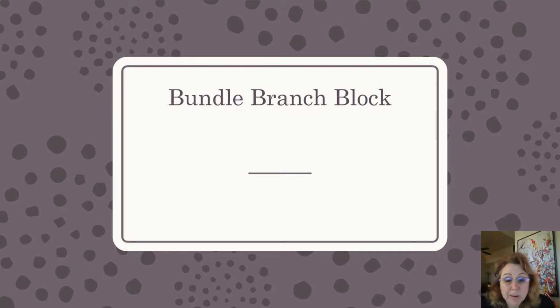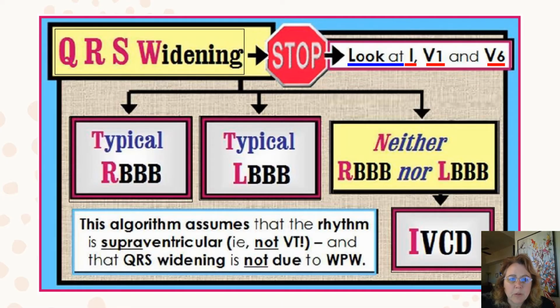Okay, so now we're going to jump into bundle branch block and how we identify it and what it actually means. So here's the good news. When we think about bundle branch blocks and what we're looking at, there are only 3 choices. It's really easy. So if we break everything down into components, when we thought about axis, there were only 4 choices.